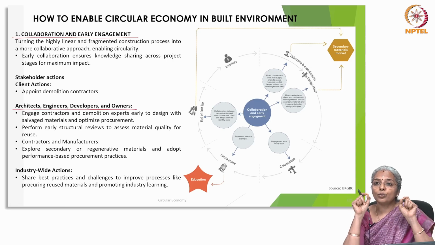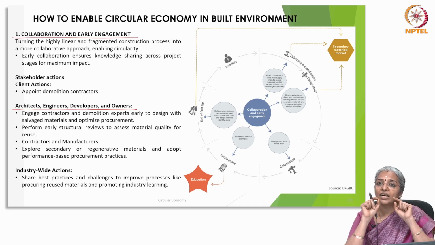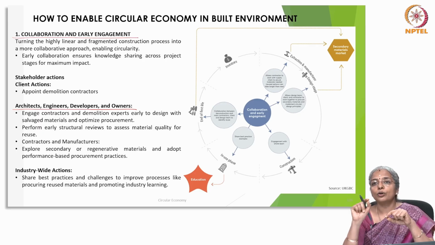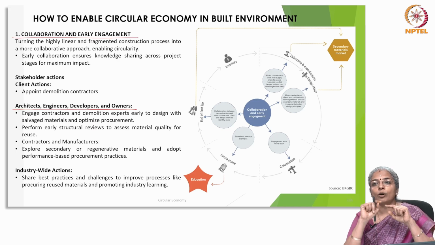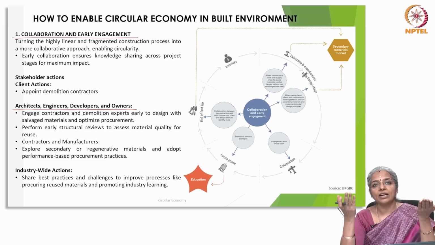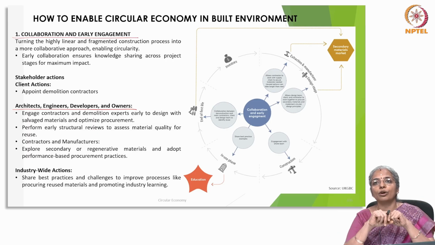So you need to engage contractors and demolition experts very early in the design stage with salvaged materials so that you are able to optimize procurement. Then you perform early structural reviews to assess material quality, if it is suitable for reuse or not. The material may not be suitable for reuse. What is the point?